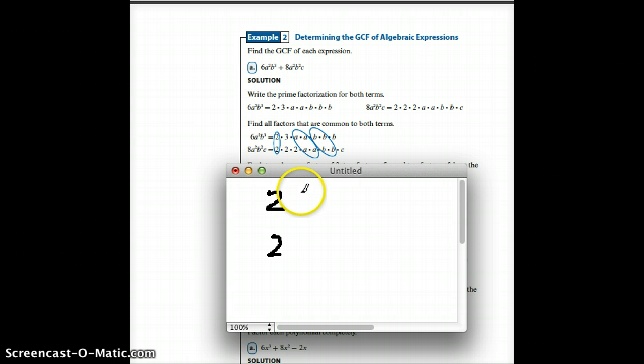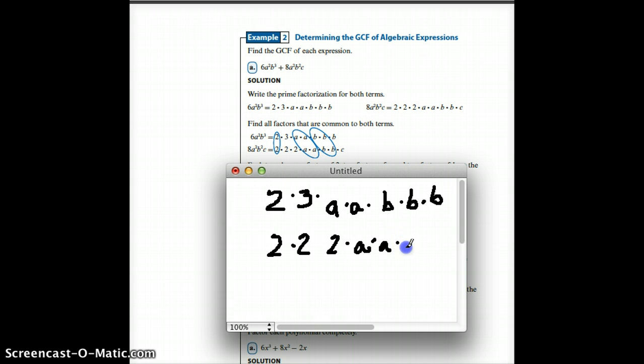Then you have the 3, and then a times a, and then b times b times b. Down here we have 2, and then a times a, and then times b, and then times c.